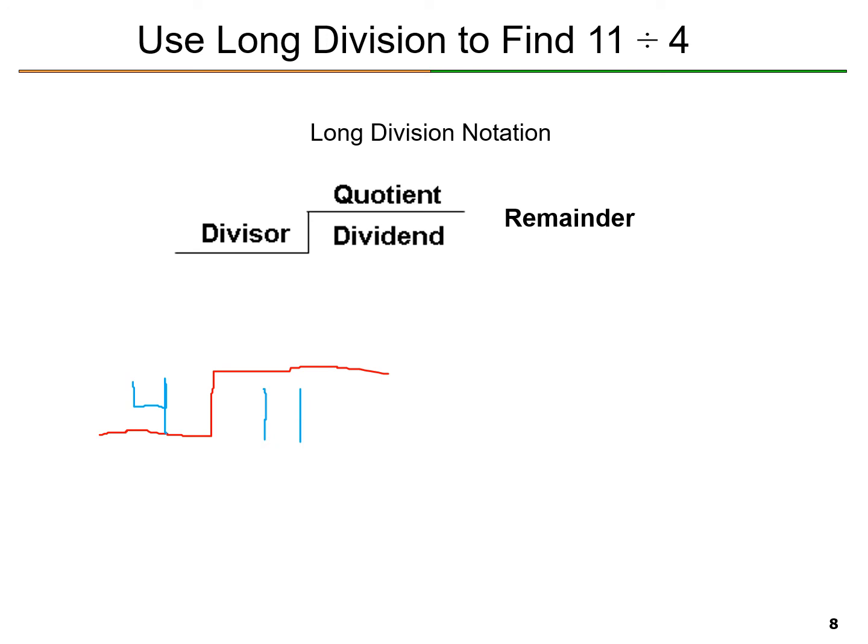So let's go ahead and do that. 4 goes into 11 2 times. 2 times 4 is 8. We put the 8 up under the ones place in 11. This 1 here is in the ones place.